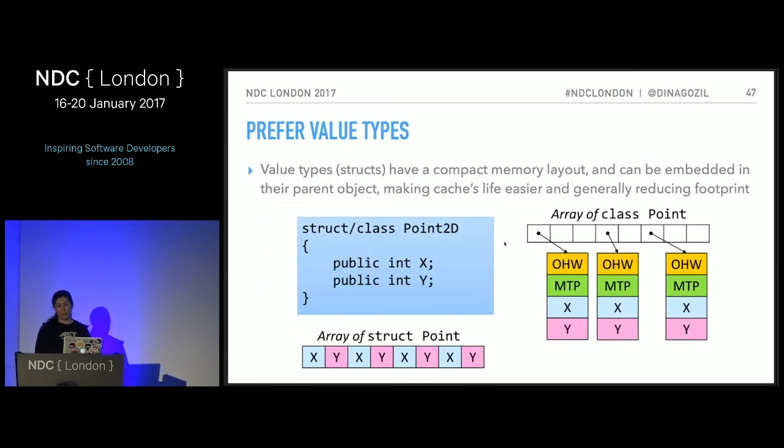My second recommendation to you is, whenever applicable, which is definitely not always, prefer value types. Value types might be much more efficient to use in cases where you have arrays or lists of many data structures because of the way they are stored in memory. Let's first look at the reference types.